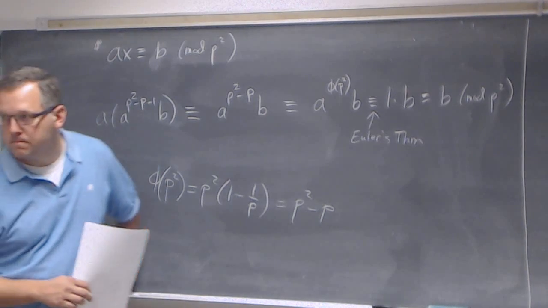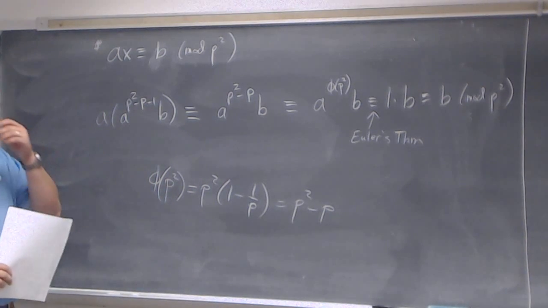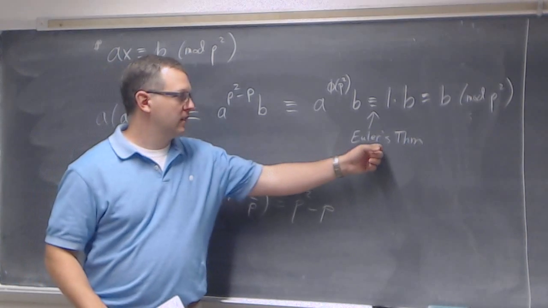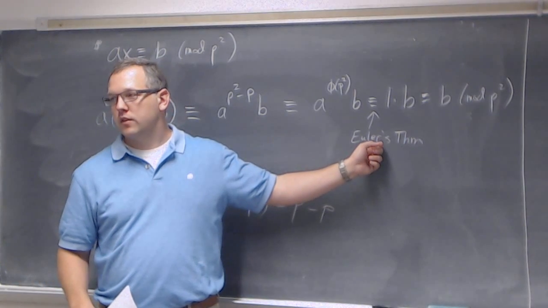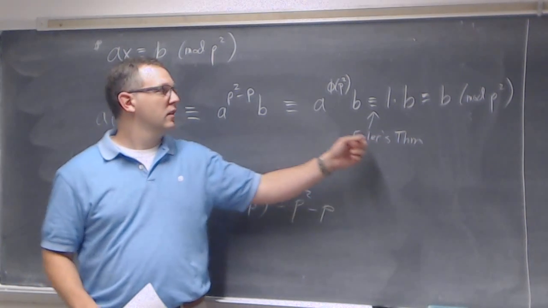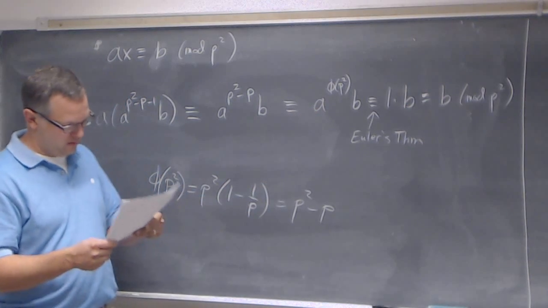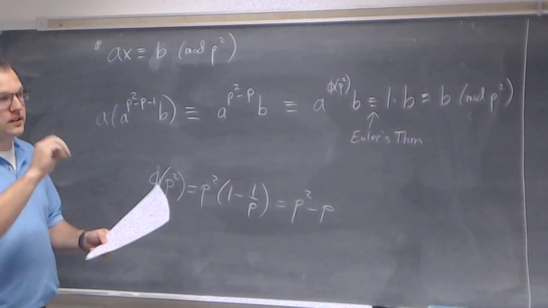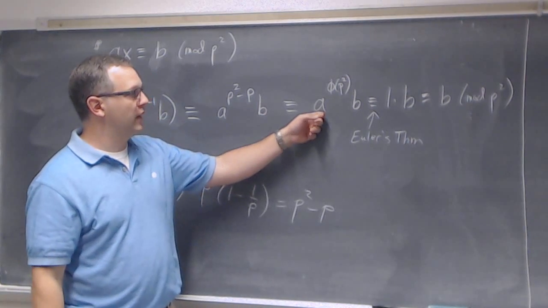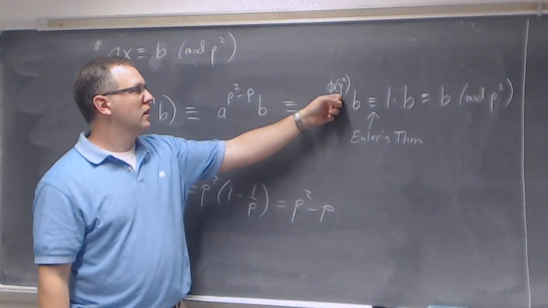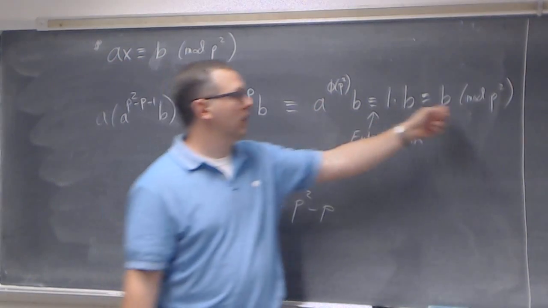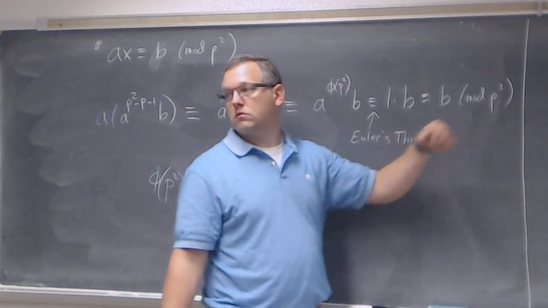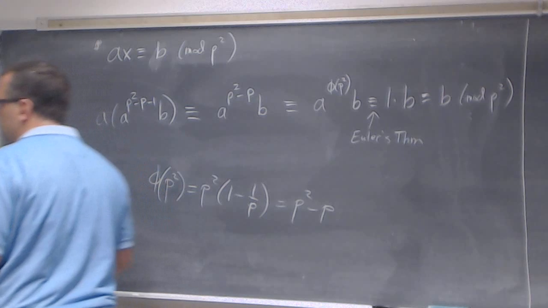Can you go back to why a to the phi of p squared is equal to 1 again? That's the statement of Euler's theorem. So we're using the fact that a is not 0 mod p. If a is relatively prime to p, then a to the phi of p squared is going to go to 1 mod p squared.